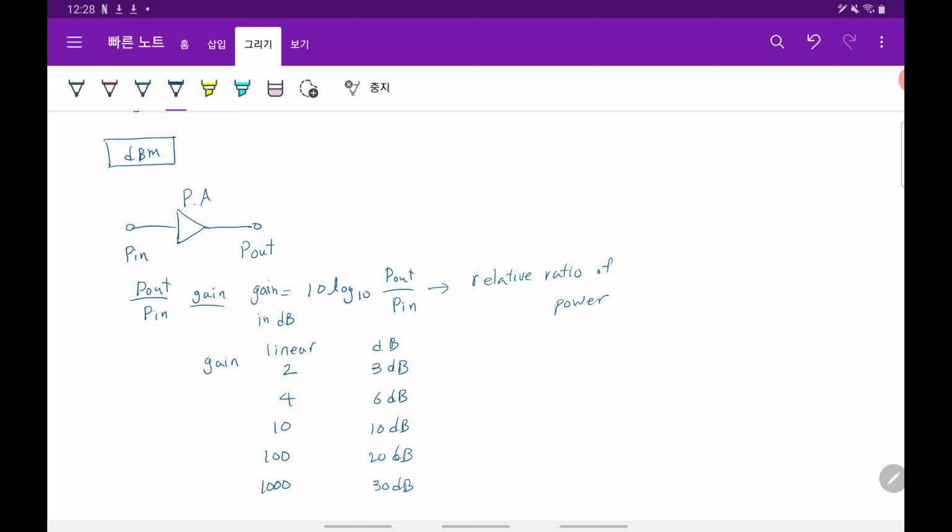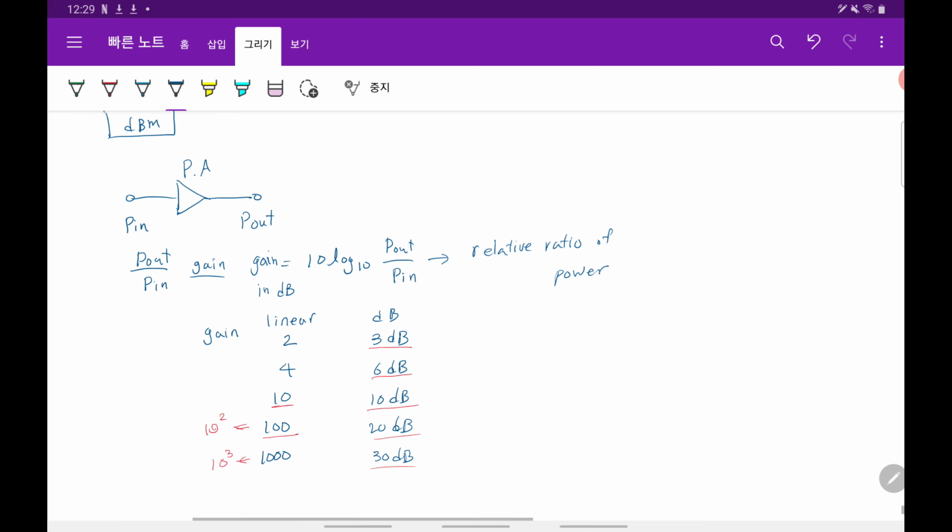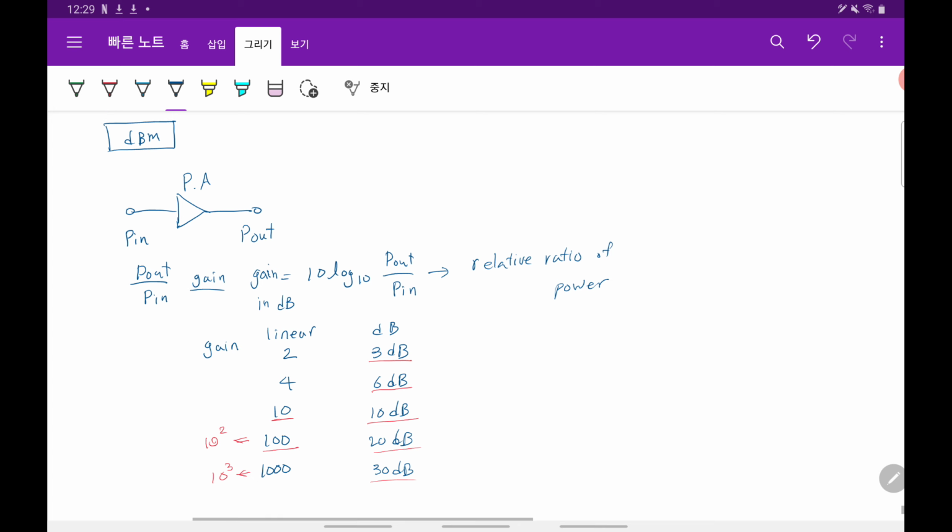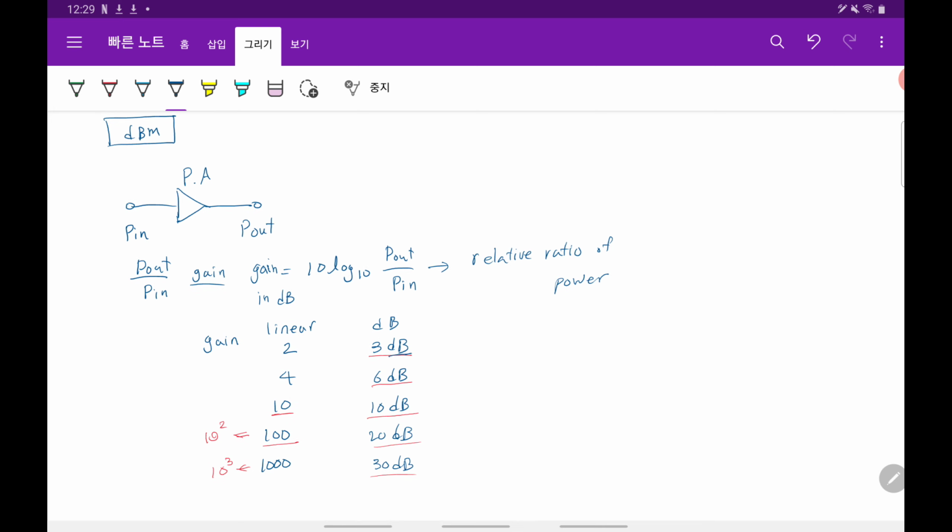So if this scale increases twice, 1 to 2, we add 3 dB, right? And if this linear ratio becomes 10, we have 10 dB, and 100 means it's 10 to the 2, so we have 20 dB. 10 to the 3, 30 dB. So this is a relative ratio of power, and we can use gain in dB scale, right?